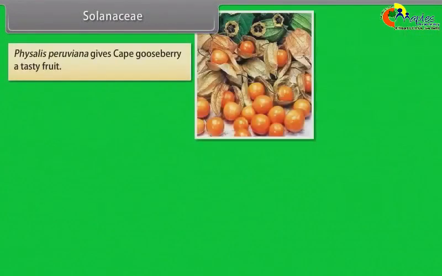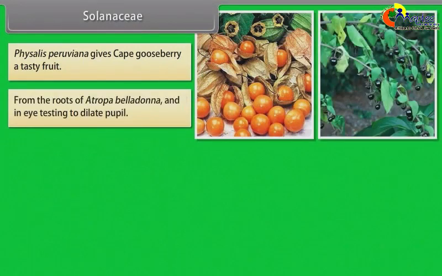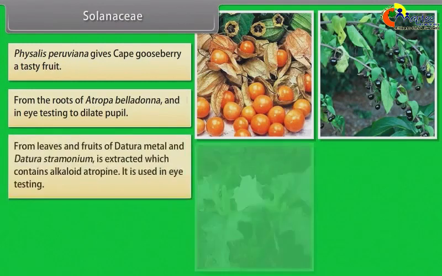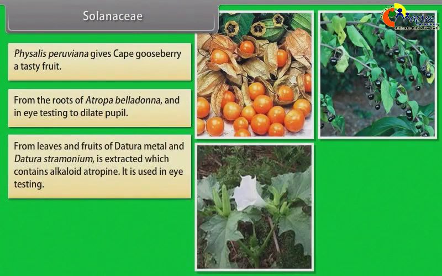Physalis peruviana gives Cape gooseberry, a tasty fruit. From the roots of Atropa belladonna, atropine is obtained, used in eye testing to dilate the pupil. From leaves and fruits of Datura metel and Datura stramonium, the alkaloid atropine is extracted. It is used in eye testing.